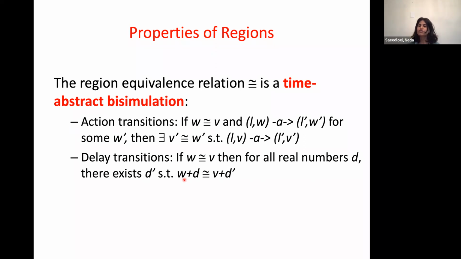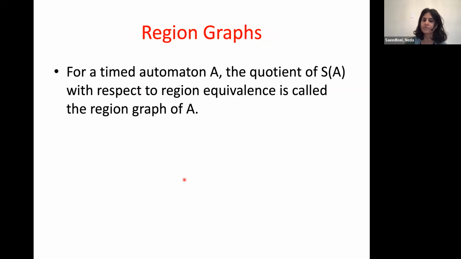This means that we do not need to concern ourselves with the exact delays D and D prime. They don't have to be exactly the same. As long as there exists some D prime such that from both these clock valuations we can make time transitions so that the resulting clock valuations are still equivalent, then we say that this satisfies the requirements of time abstract bisimulation.